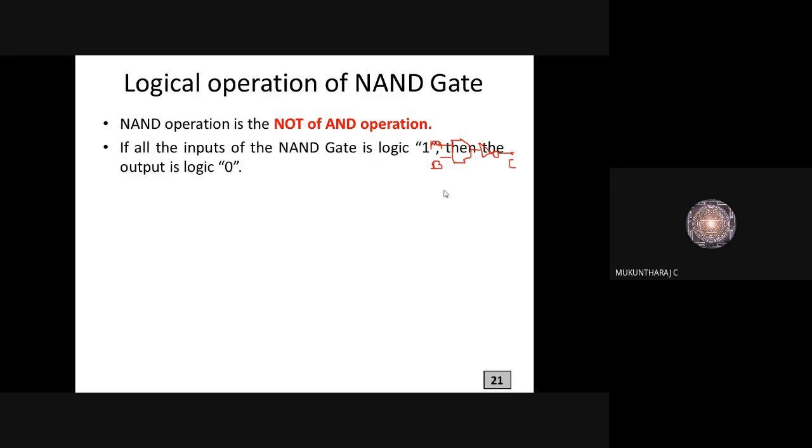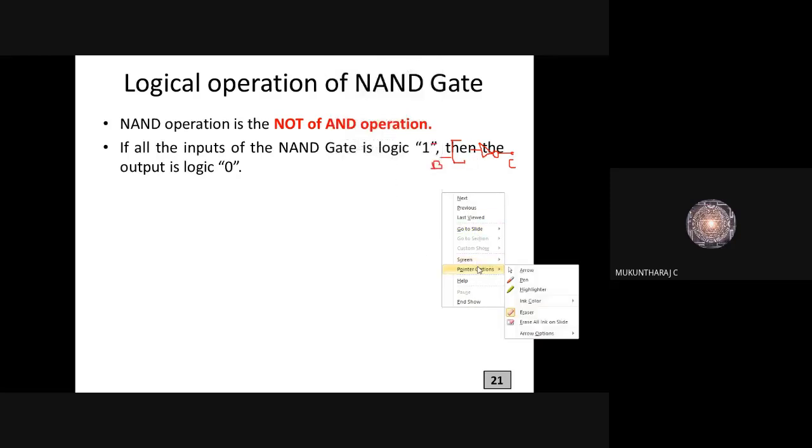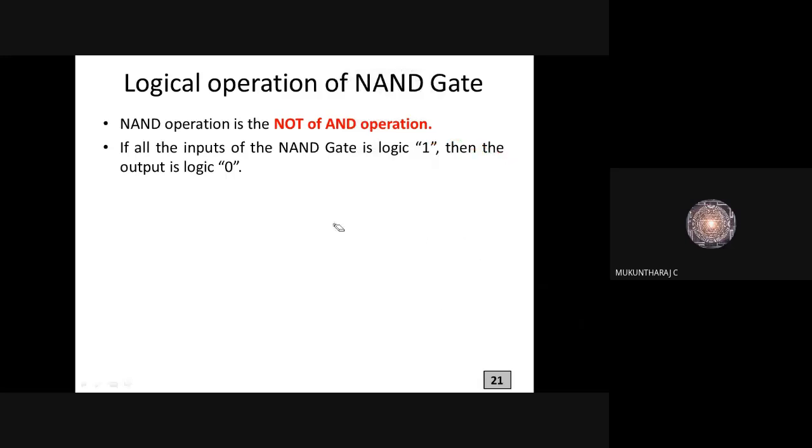So if all the inputs of the NAND gate are logic 1, then the output is logic 0. Otherwise, the output will be logic 1.